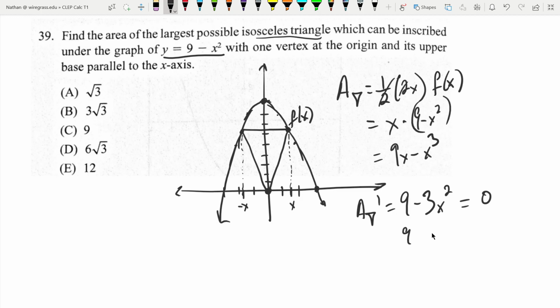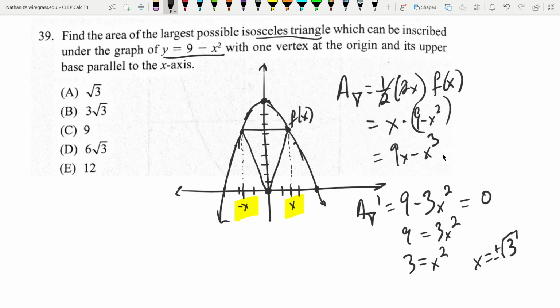Solving that, we divide by 3 and take the square root. So x equals plus or minus the square root of 3. And we actually expect a plus or minus because we can see here there are already two x values, the plus and the minus version. So this is actually only one value. It doesn't matter which one you take, but let's just take the positive one. It makes it a little bit easier in the math.